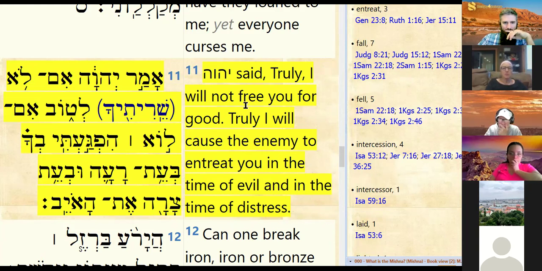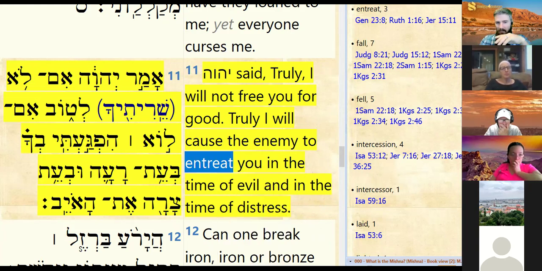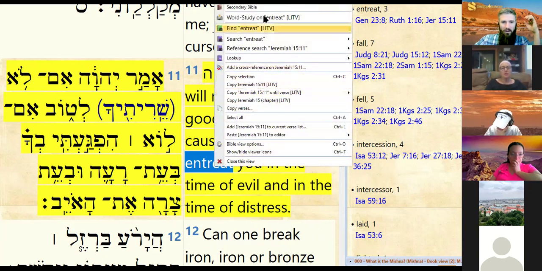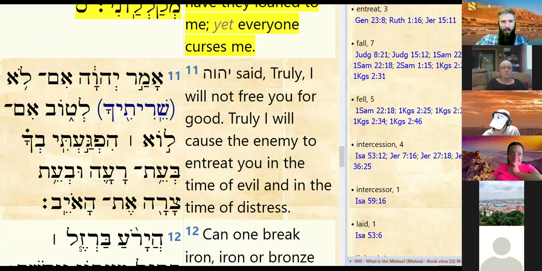Entreat, isn't that beg? I would agree with you. Intercede. Okay, intercede, yeah. I guess that makes sense from the last context, right? Where they're interceding with the king or something. It's like, yeah, we're interceding for this scroll. Don't burn it. Intercede.